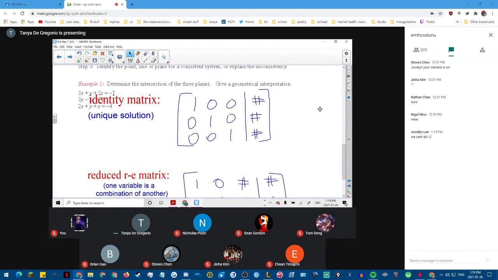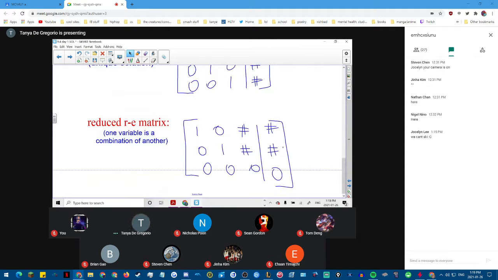However, as we had seen, we could get a situation like this. Take a look at this. My last row is all zeros. So now, if I cover that row, we're dealing with the same situation that we just dealt with in the last lesson. When you had a situation like this, where it was 1, 0, 0, 1 and then just your numbers, meaning Z was a parameter, what was the solution?